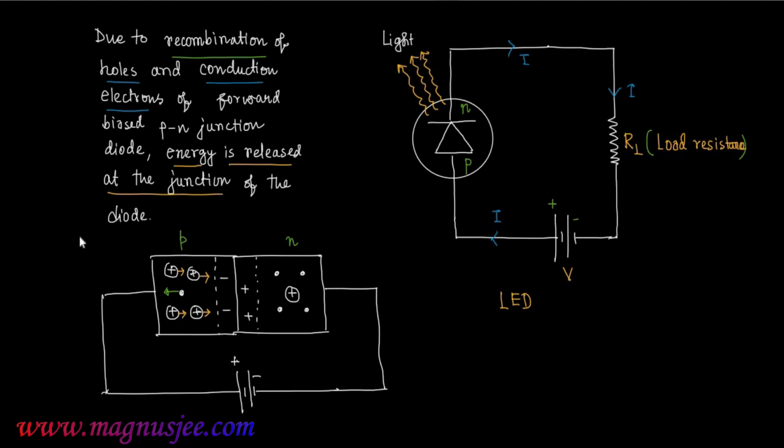Similarly, in the N region, conduction electrons will be repelled by the negative terminal of the battery towards the junction. This is a hole, and this dot means conduction electrons.